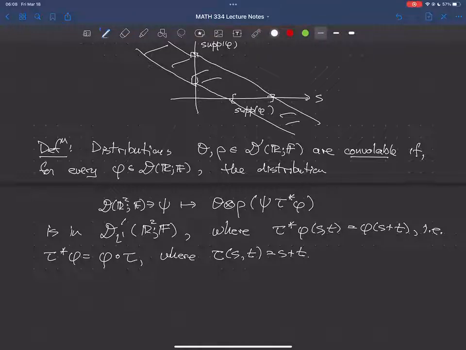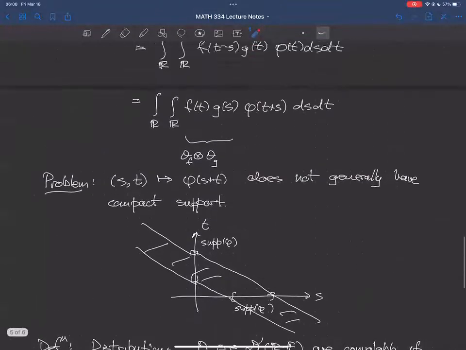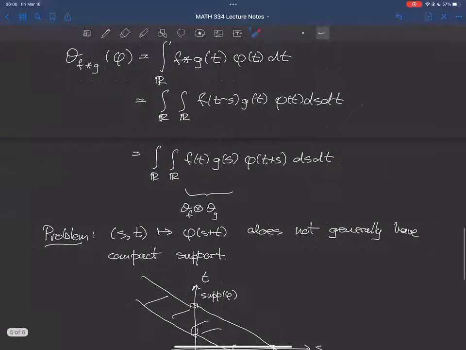Okay. So that's what it means for a pair of distributions to be convolvable. What this amounts to is that, in this case here, I'm going to stick in psi of S and T in here, and I'm going to require that the resulting thing be an integrable distribution.